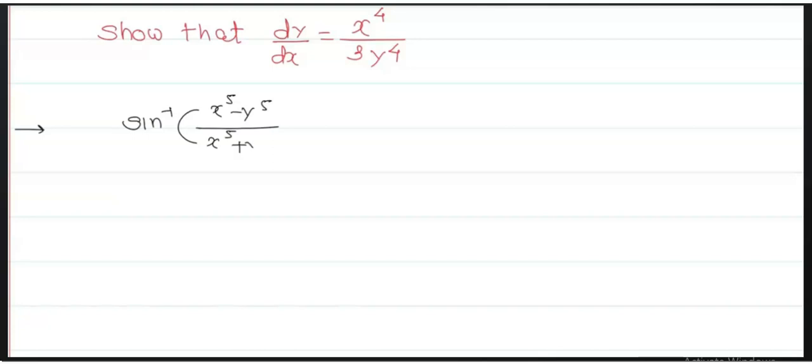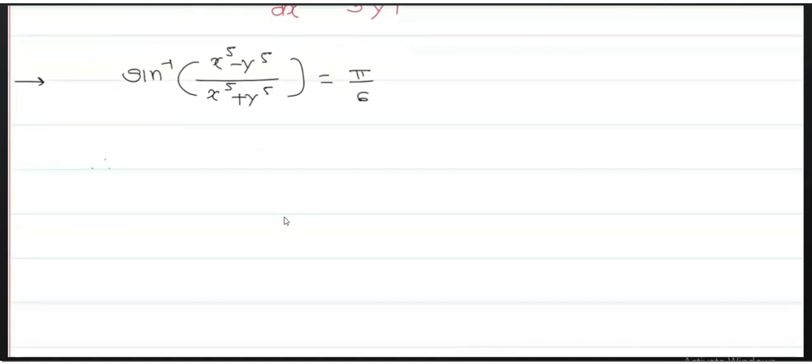Sine inverse of x raised to 5 minus y raised to 5 upon x raised to 5 plus y raised to 5 is equals to pi by 6. Therefore, x raised to 5 minus y raised to 5 upon x raised to 5 plus y raised to 5 is equals to sine of pi by 6, and sine of pi by 6 is 1 upon 2.